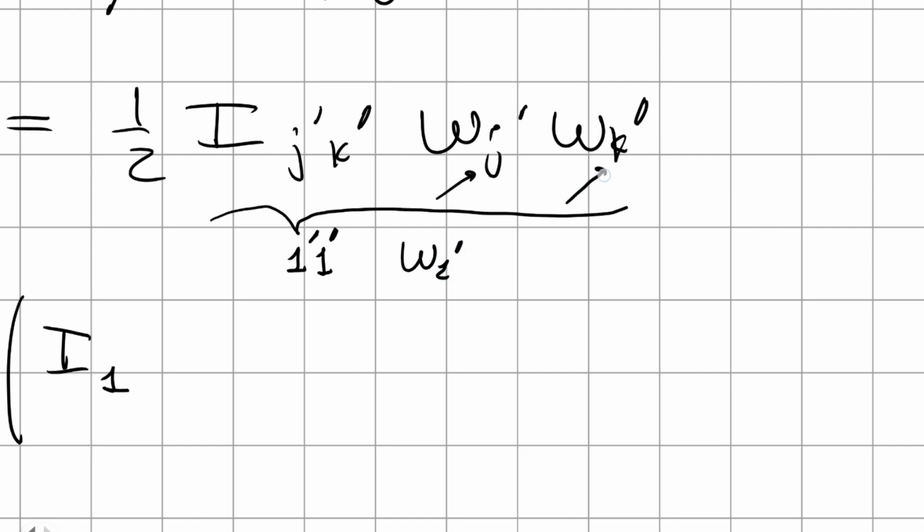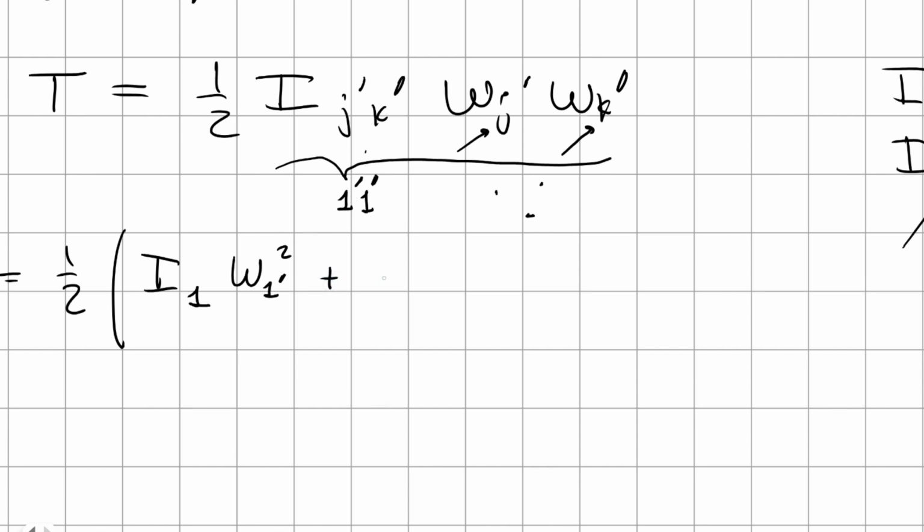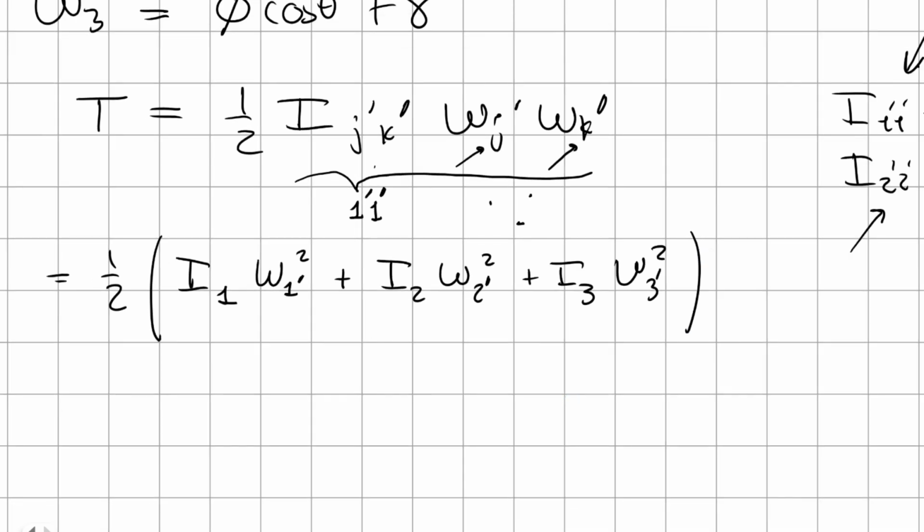And this k also needs to match with the second index of the I, which is also 1. So that means we have omega 1 omega 1. So we get here omega 1 prime squared. And it will happen the same with these two other elements. So we are going to get this thing that I just wrote.